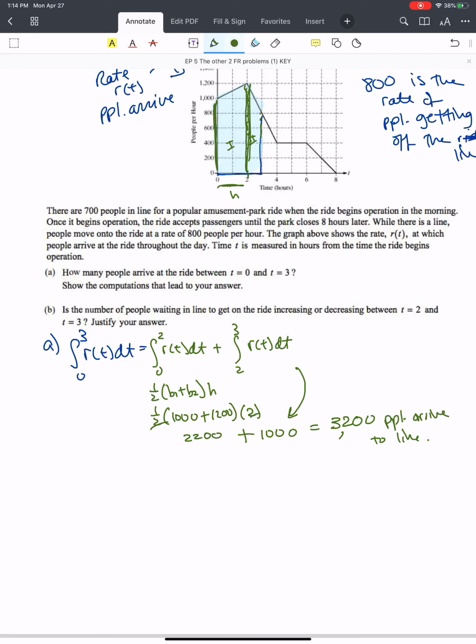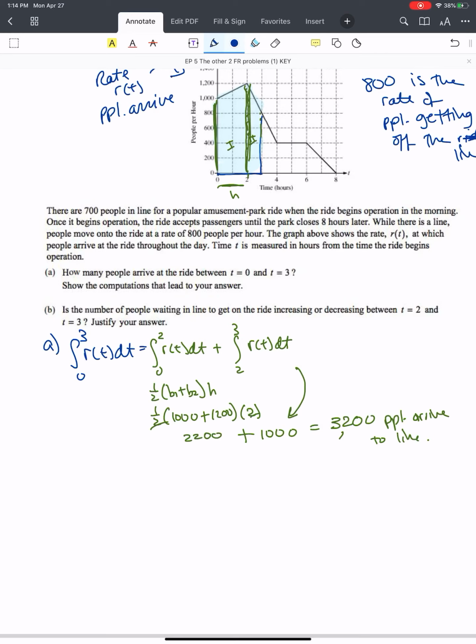All right, the second part. So the second part says, is the number of people waiting online to get on the ride increasing or decreasing between 2 and 3? So the number of people waiting, you have to think that the line is going up and then the line is going down. So there's a couple ways you can do that.